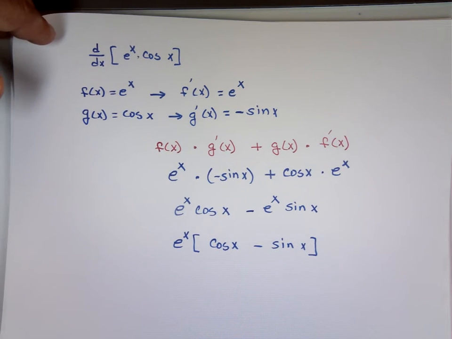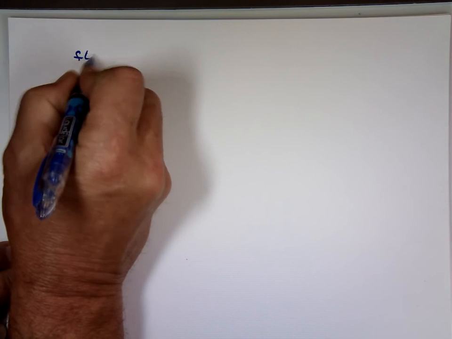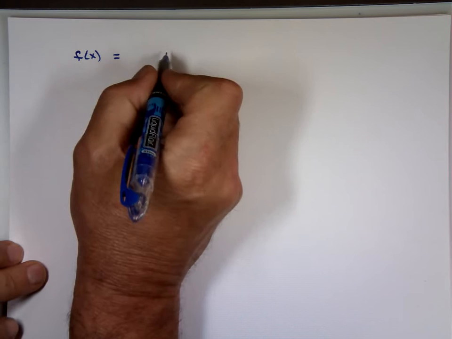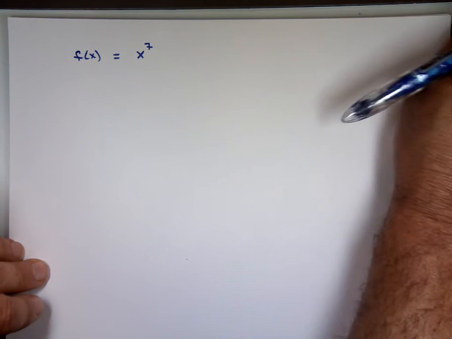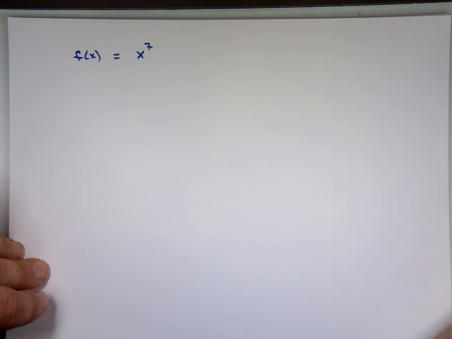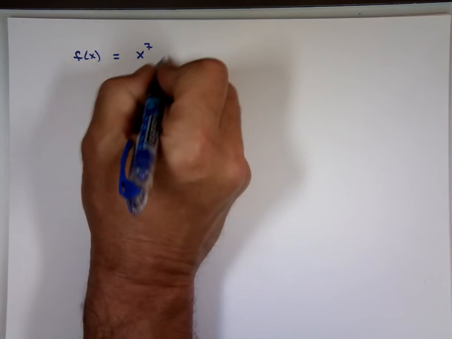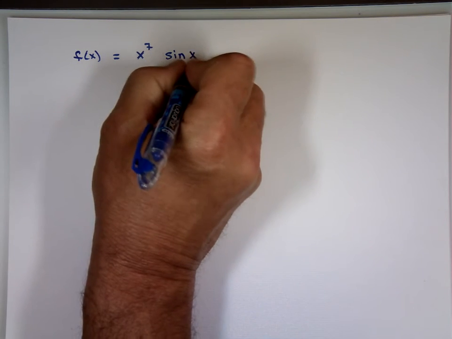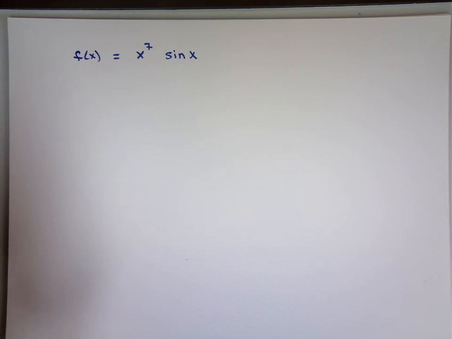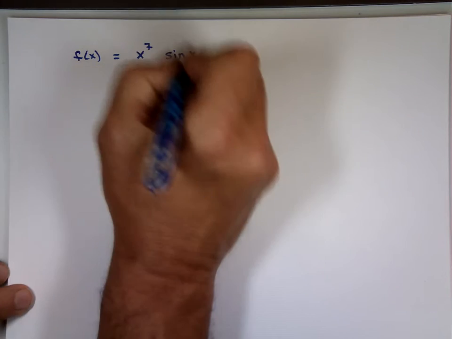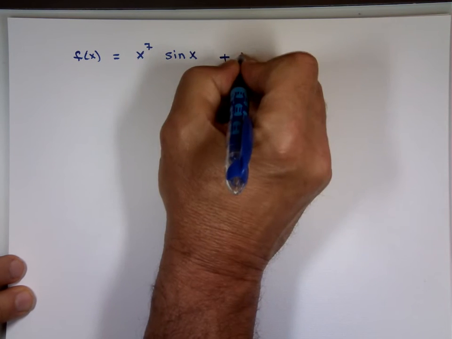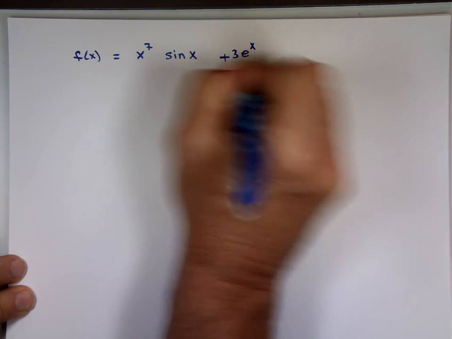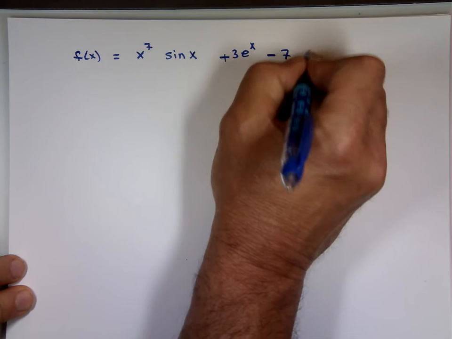Everyone's good? f of x equals x to the 7 times sine of x, plus, let's have fun with it, 3e to the x, minus 7 cosine of x. Go crazy.